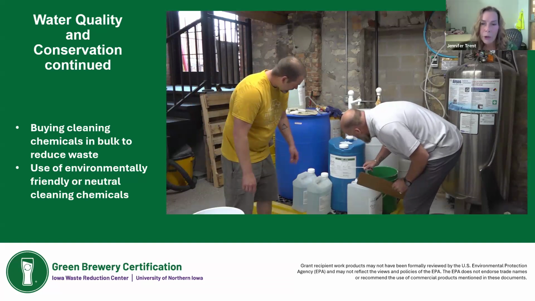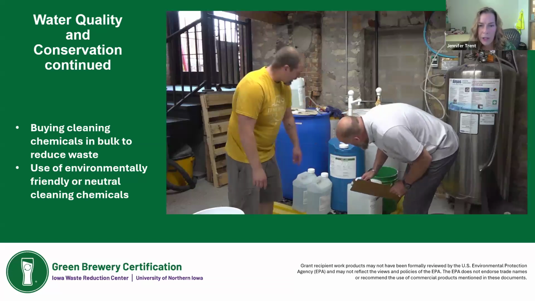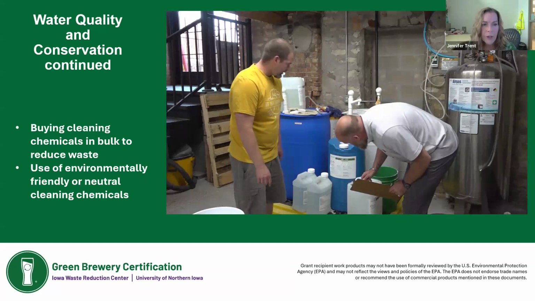There is a brewery cleaning chemical company called Birko that has an environmentally neutral line, and they used to have an environmentally friendly line, but I don't think they call it that anymore. When a brewery uses those kinds of cleaning chemicals, we give them a checkmark simply because they're safer for the environment than traditional cleaning chemicals. So that's important too. You see this big tank back here is their CO2 tank. We also, as Joe mentioned, will check that for leaks with our CO2 leak detector.